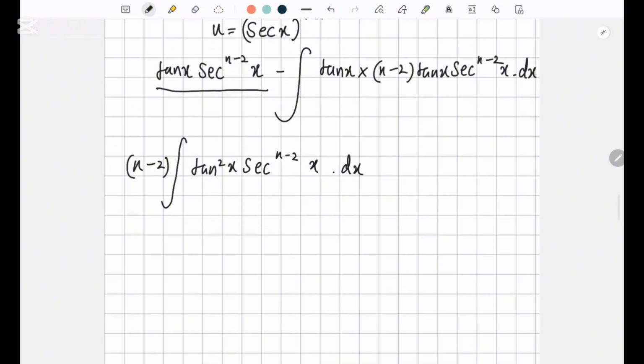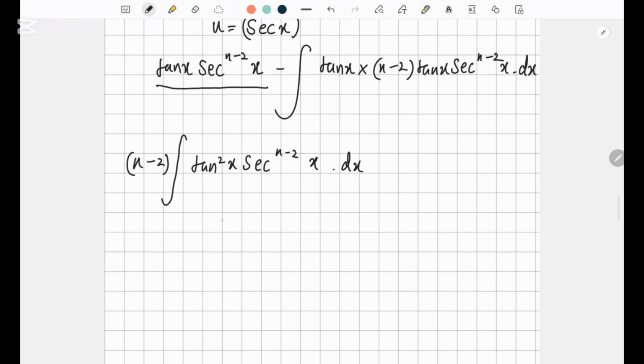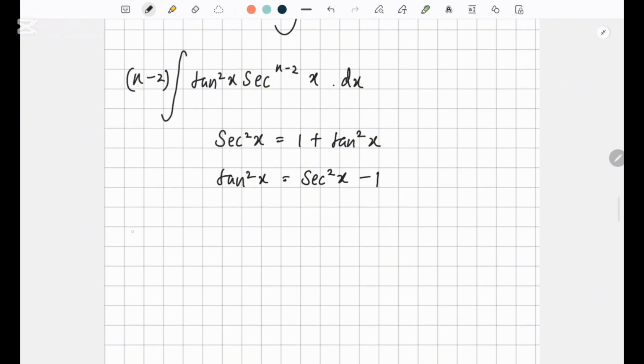So now you can write sec squared x as 1 plus tan squared x, right? So what would tan squared x be? Tan squared x would be sec squared x minus 1. So if you go back to your question, you have n minus 2 into, now instead of tan squared x, I'm going to put sec squared x minus 1 into sec x to the power n minus 2 dx.